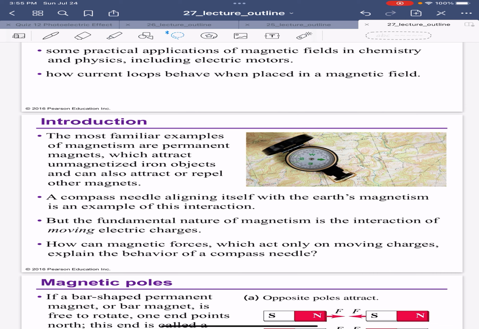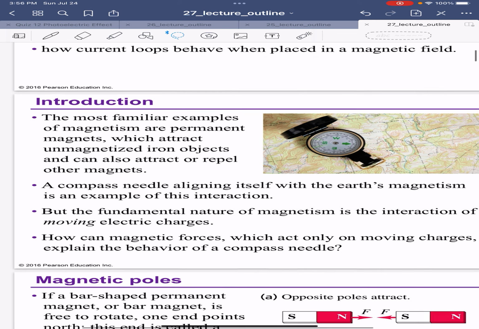Now, how is magnetism created? We may talk more about it also in chapter 28, because we are going to try to calculate magnetic fields for different situations.